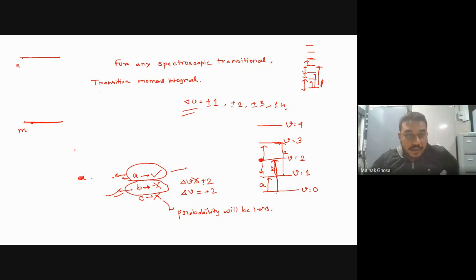Now, coming to the transition moment integral, if this is my state M and this is my state N, with wave function psi M for one and psi N for the other, do you know bra-ket notation? How many of you know it?